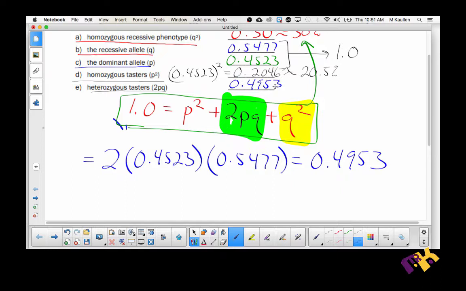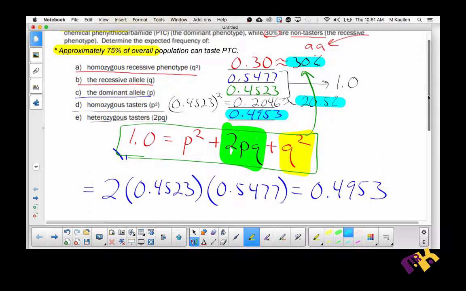Right, which we would expect. The homozygous recessive phenotype is around 30%, the homozygous tasters are at 20.5%, and the heterozygous tasters are at 49.53%. If we add these percentages together, it adds up to 100%, or 1.